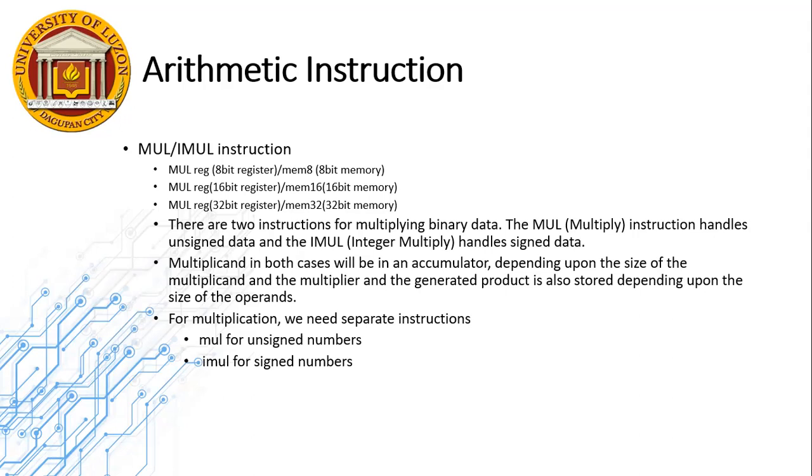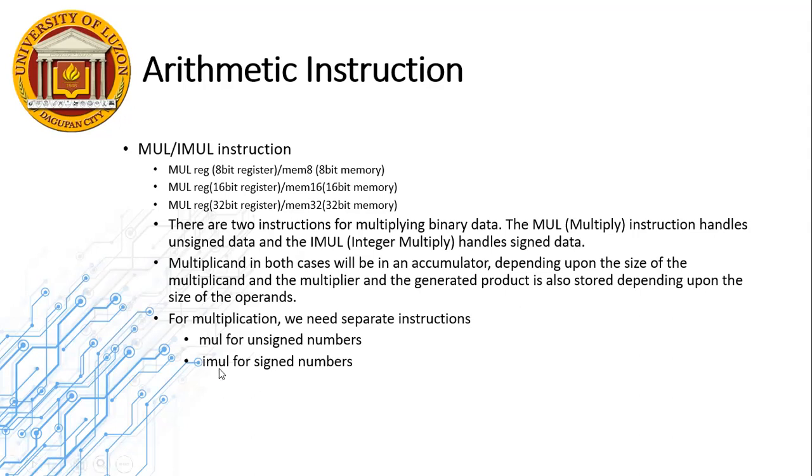So the multiplicand in both cases will be in an accumulator. Depending on the size of the multiplicand and the multiplier, the generated product is also stored depending on the size.